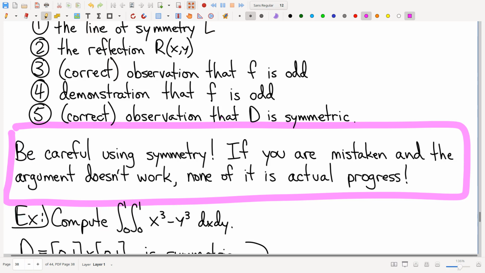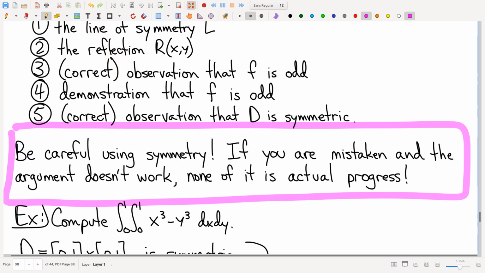A student, maybe a little careless about 5, makes a reasonable choice of a reflection line and demonstrates that the function is odd, but just doesn't think through carefully enough that the domain is symmetric. And then it turns out that it isn't. Domain's not symmetric. Well, here's the thing. If the domain's not symmetric, there is no symmetry argument to be made.